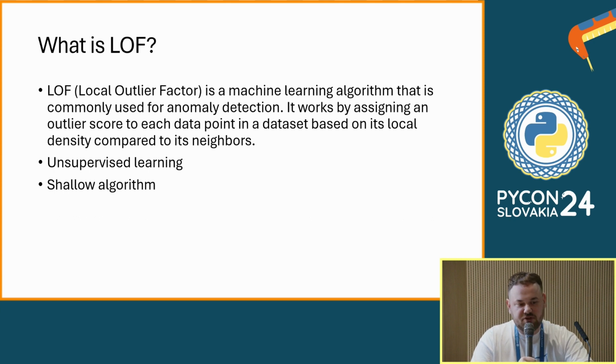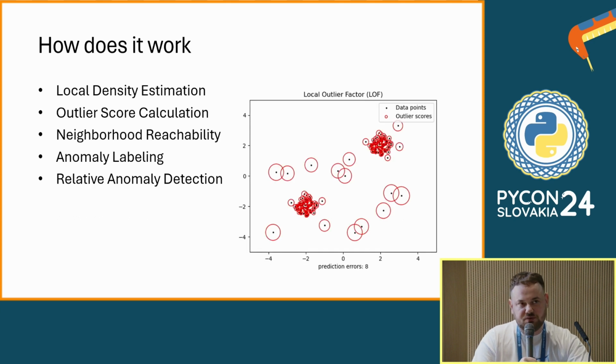So if we take it to the terminology level, local outlier factor is a machine learning algorithm that is commonly used for anomaly detection. It works by assigning an outlier score to each data point in a dataset based on its local density compared to its neighbors. What does that mean in reality? We have many data points, and we want to check what is an outlier.